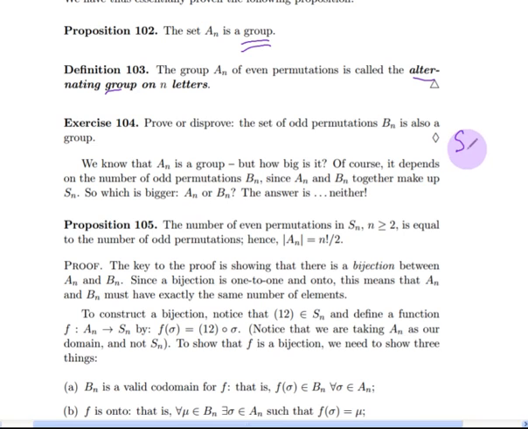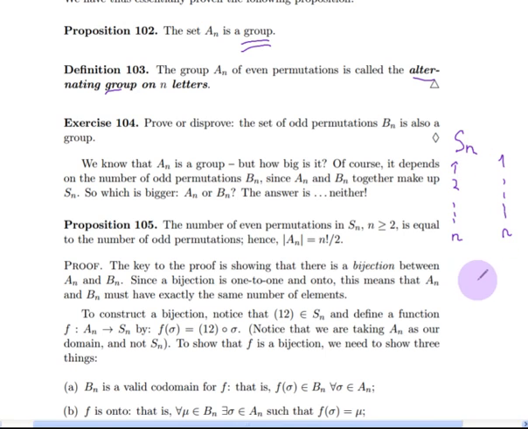So we have the group Sn, and we really know how many elements there are in Sn. Just as a reminder, if I have n numbers, and I want to find out how many possible bijections there are from these n numbers to these n numbers, this is kind of a counting problem.